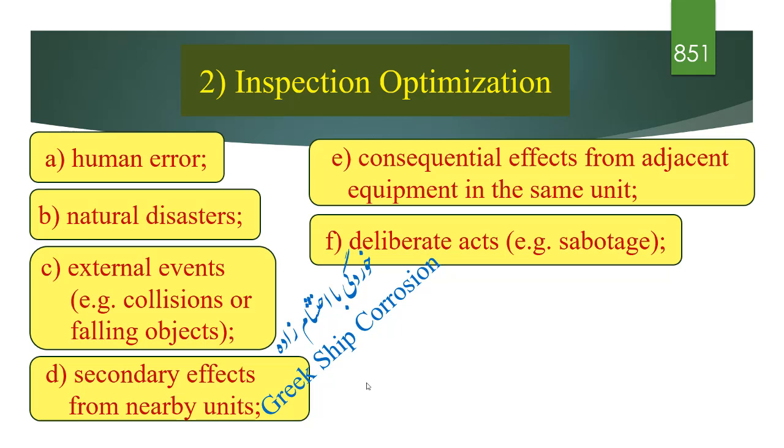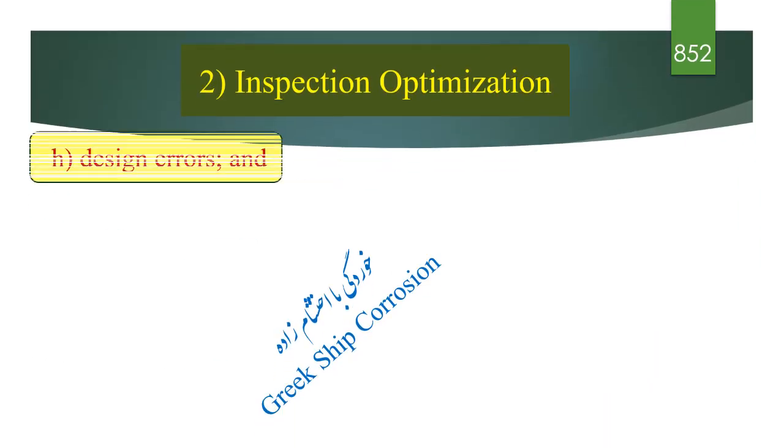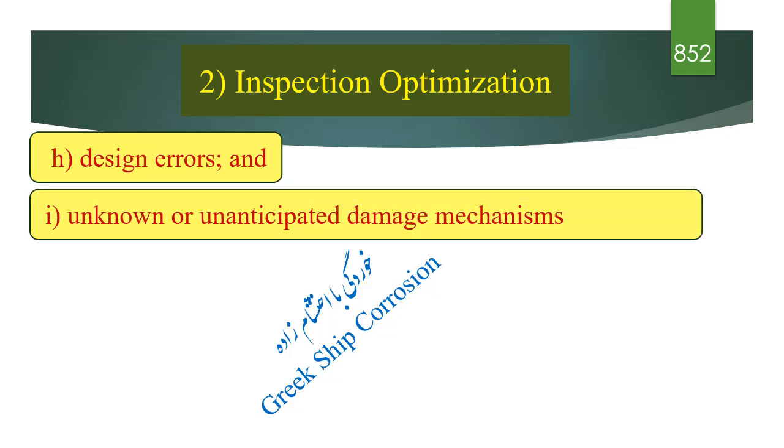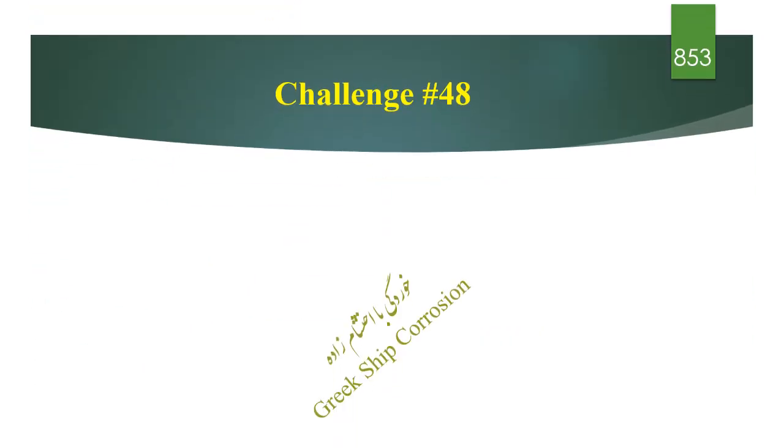F. Deliberate acts, for example sabotage. G. Fundamental limitations of inspection methods. H. Design errors. And I. Unknown or unanticipated damage mechanisms. Many of these factors are strongly influenced by the process safety management (PSM) system in place at the facility.